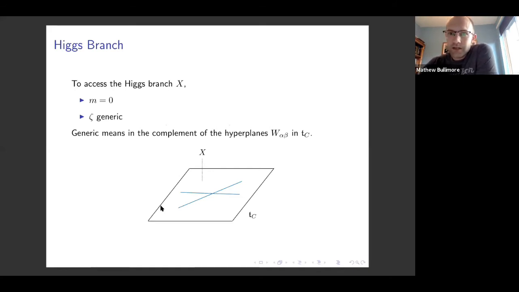And so just a reminder of last time, what generic means is, well, we have these hyperplanes in the parameter space of Fi parameters, and we just want to make sure that we stay away from any of those. So we sit inside a chamber in the complement of these hyperplanes. So that's where we want to sit in the parameter space.